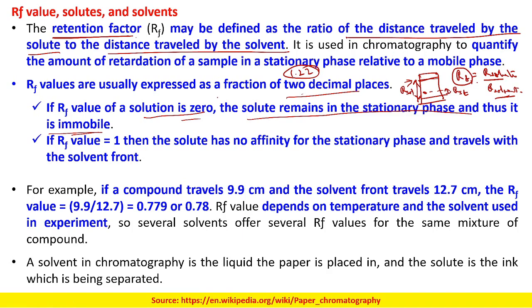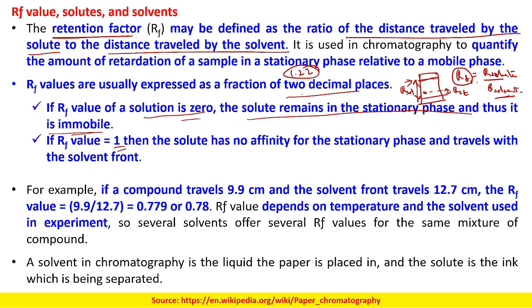RF value equal to 1 means the solute has a very high liking for the mobile phase and does not have any affinity towards the stationary phase, and hence it has moved along with the solvent.